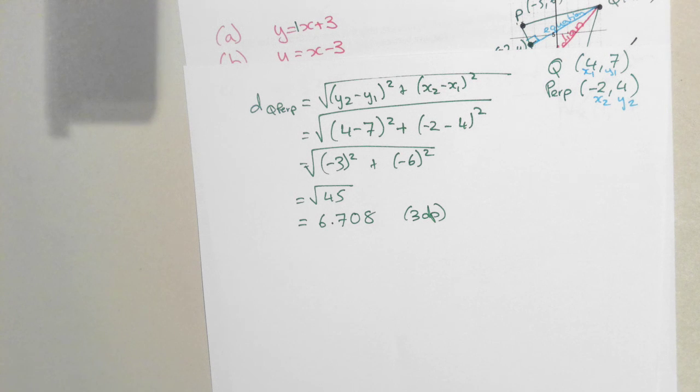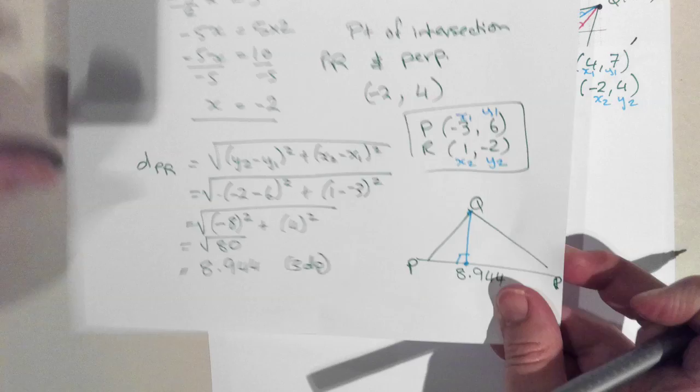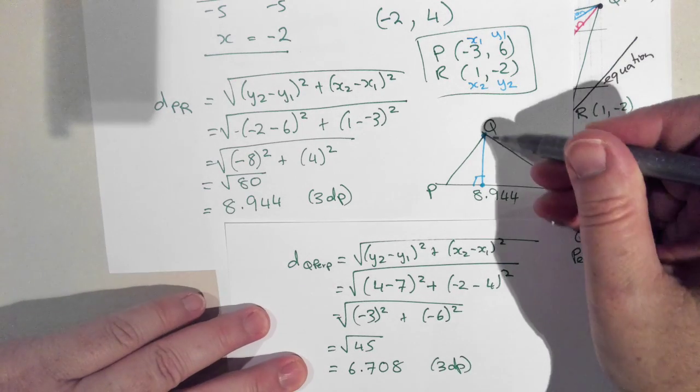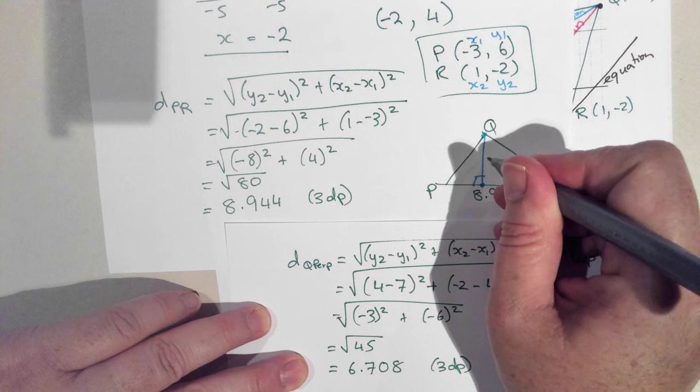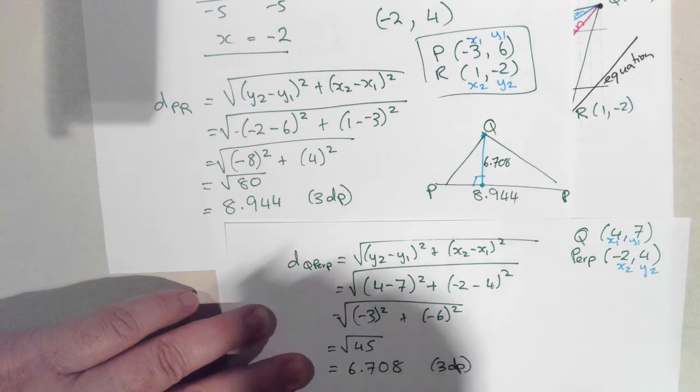Now I've found that distance. If I can add that to my diagram here, the distance from Q to there is 6.708.